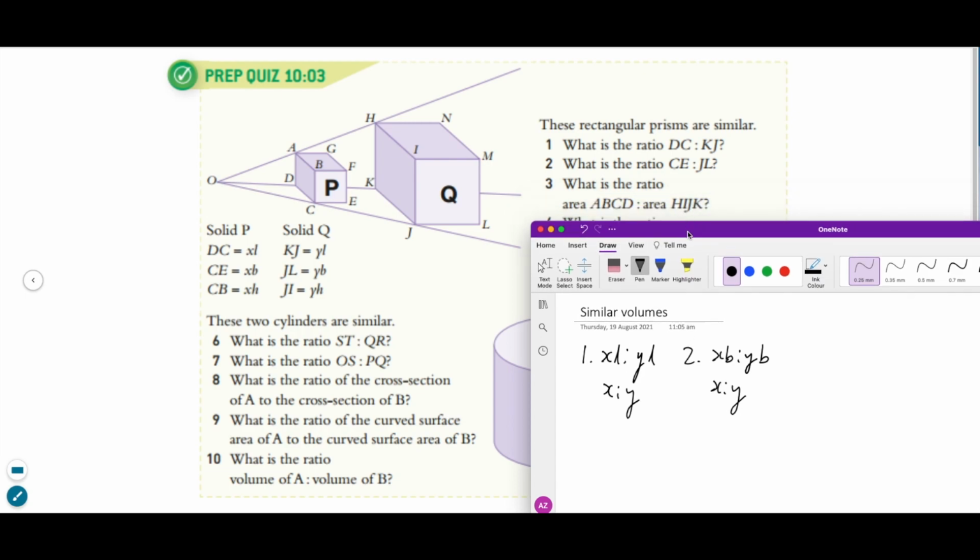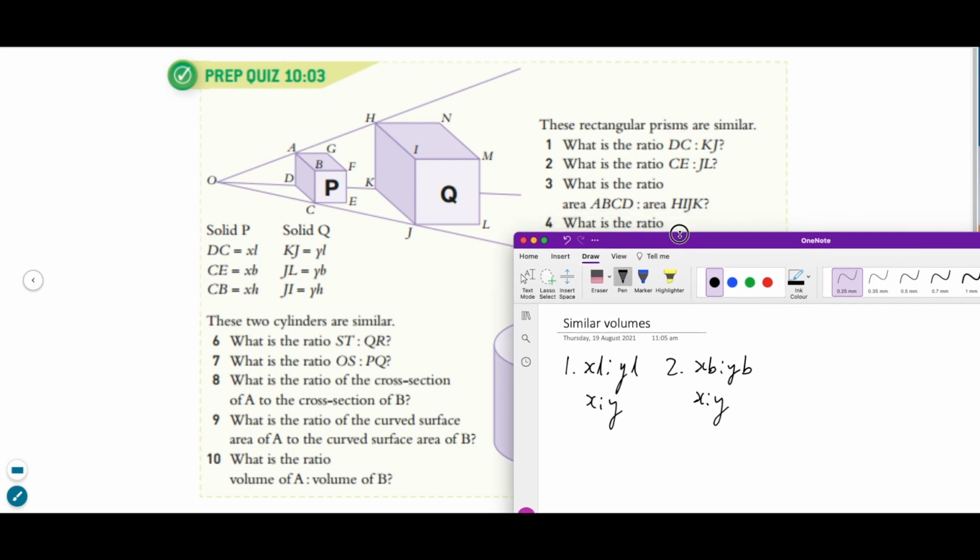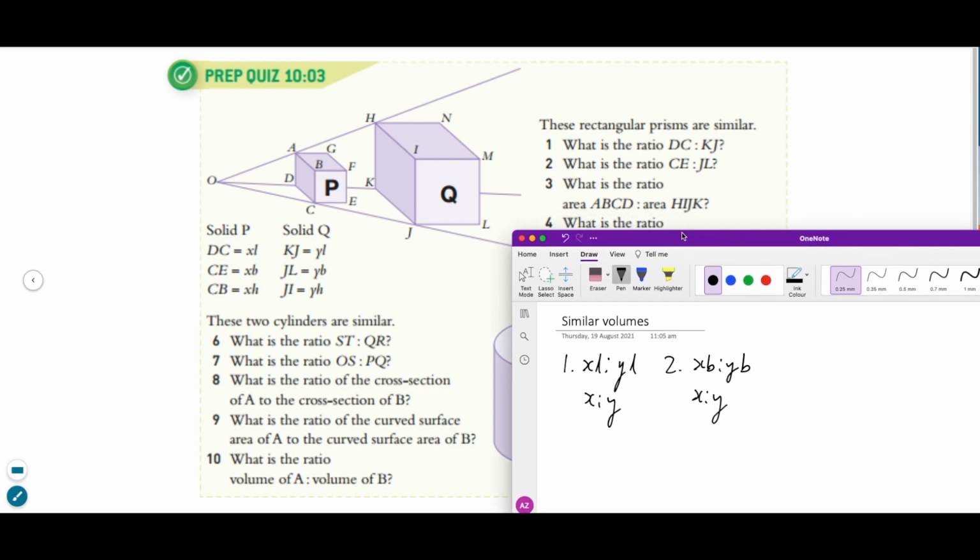Next question says, what is the ratio of area ABCD and area HIJK? Okay, so what's the area of ABCD? Well, we know that DC is the XL, right? And we know that BC is XH. So then the area of ABCD is XL times XH, which is X squared HL. And the area of HIJK is what?